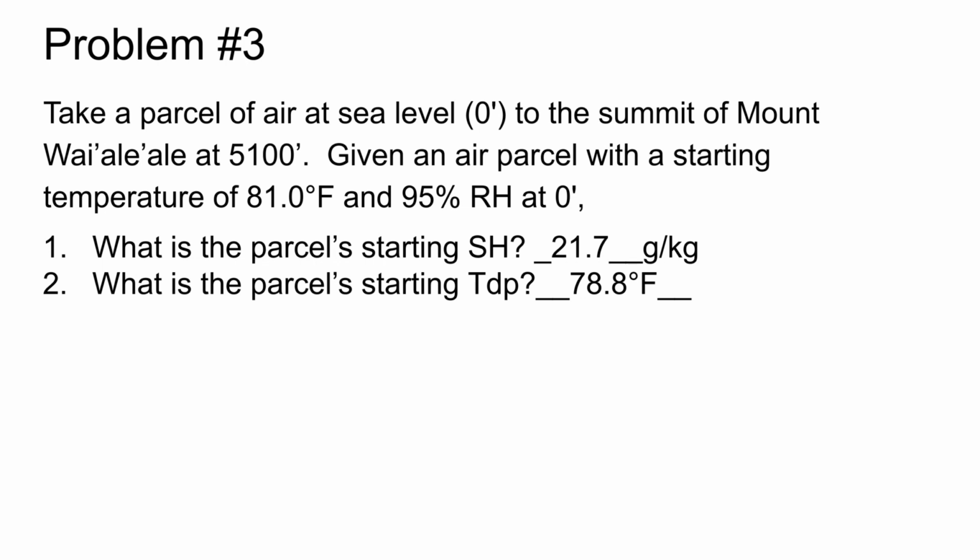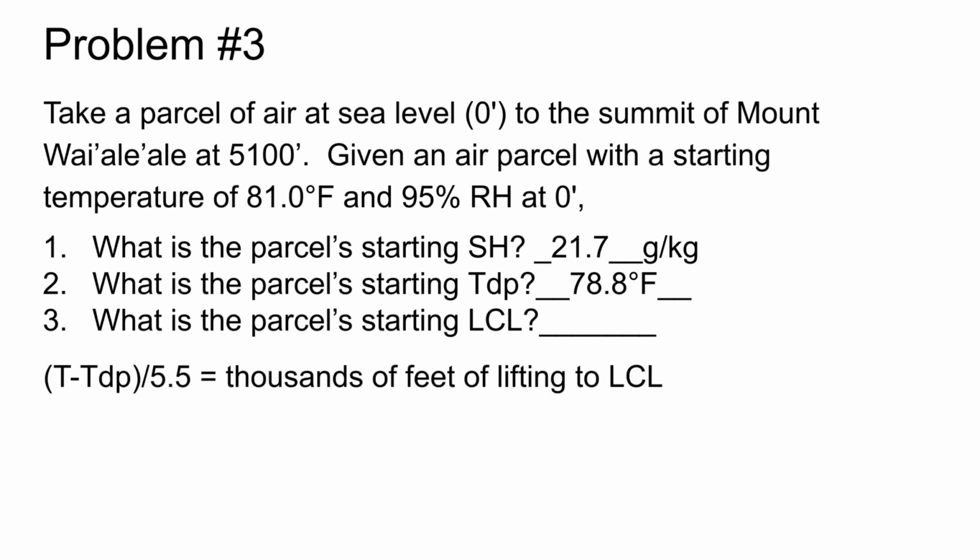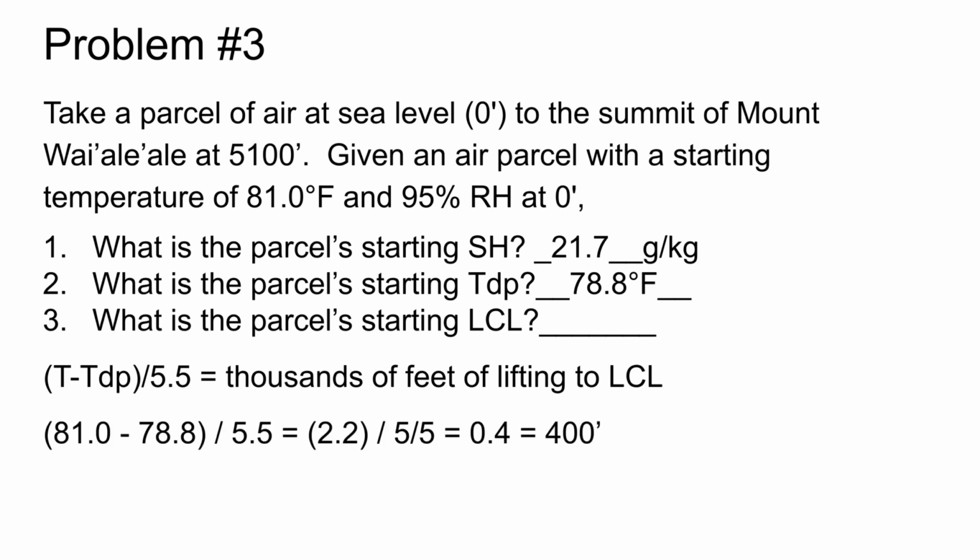So now we know the specific humidity, we know the dew point temperature, we're going to calculate the lifting condensation level. So starting temperature minus dew point divided by 5.5 gives you thousands of feet of lifting. 81.0 minus 78.8 is 2.2.